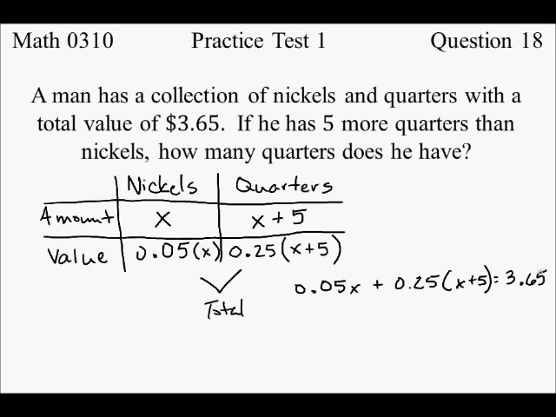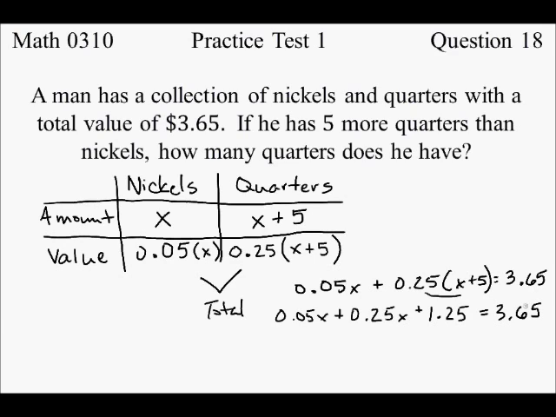Okay, so here's our equation, and now notice we have a quantity we want to distribute here. So we have 0.05x, plus 0.25 times x, so 0.25x, and then 0.25 times 5, so that's plus 1.25, equals 3.65.